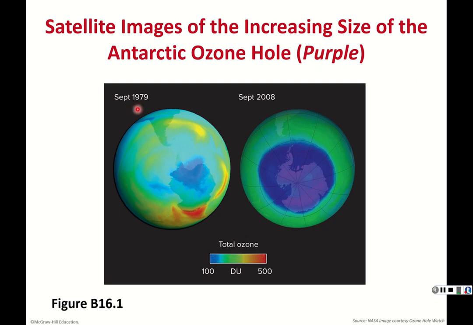Right? And if you look, the total ozone is given by this color chart. Over Antarctica, you see that in 1979, you're starting to lose some over here. I think naturally it's probably just a little bit lower at the poles. But by September 2008, because of the use of these ozone depleting chemicals that get in the air, you can see that it's a huge difference, right?